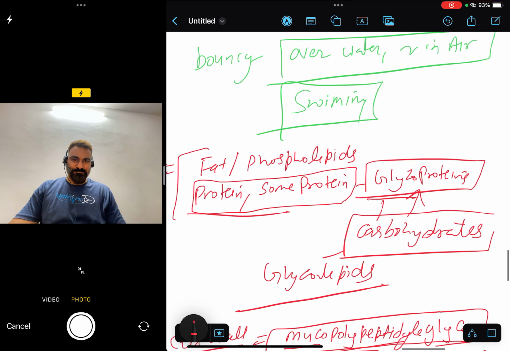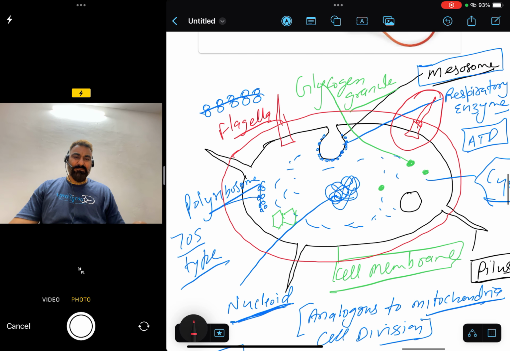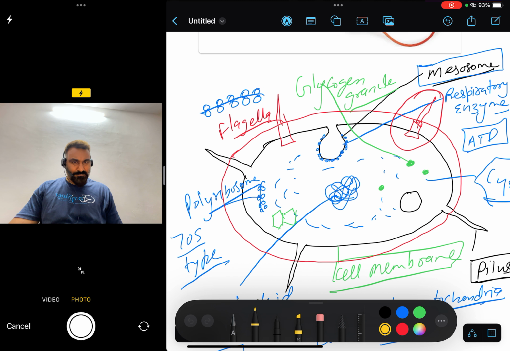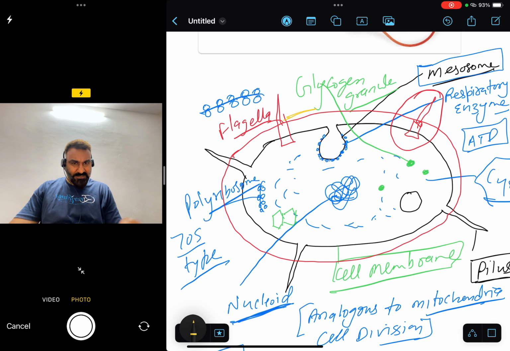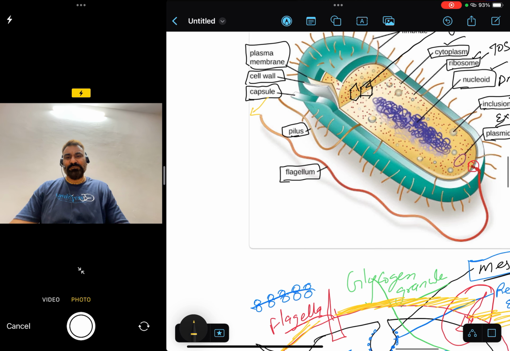Okay. Now, the last point, which is very important, is the presence of a thick slime layer or sometimes a thin slime layer around the bacteria. This is known as the capsule.